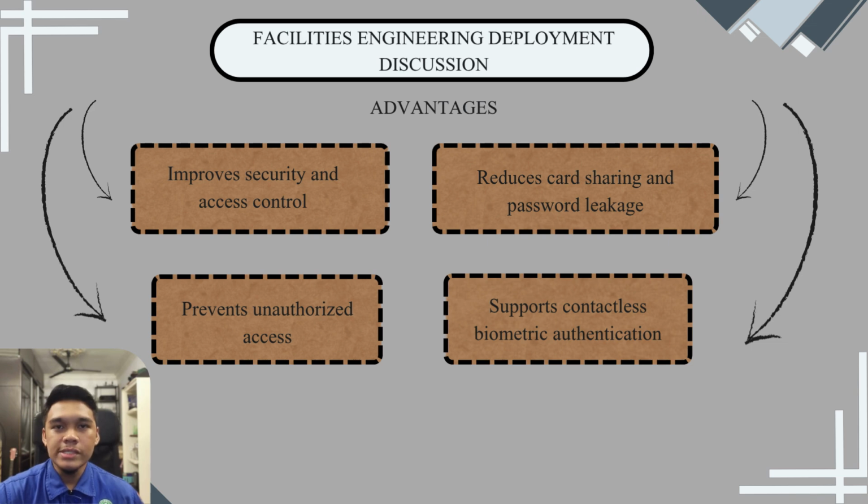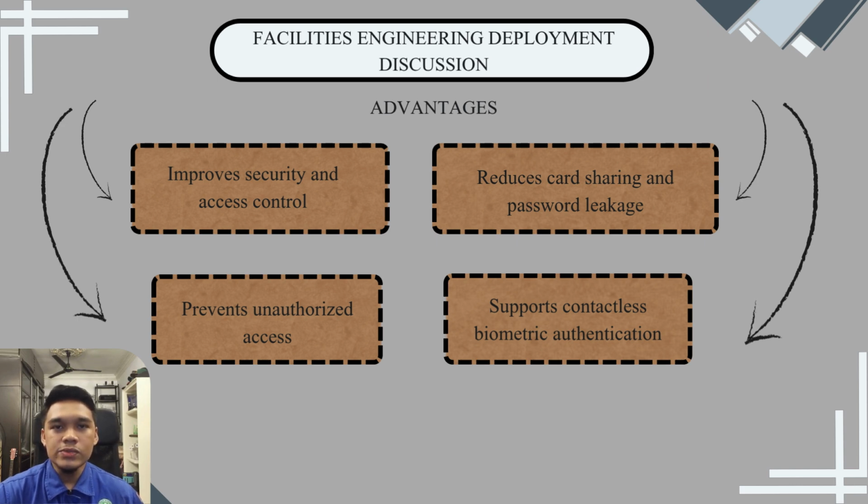Furthermore, the system is capable of preventing unauthorized access to critical areas such as electrical control rooms, data center server rooms, and chemical storage facilities. This helps protect valuable assets and maintain operational safety. In addition, the proposed approach supports contactless biometric authentication, providing a convenient and hygienic method of identity verification.